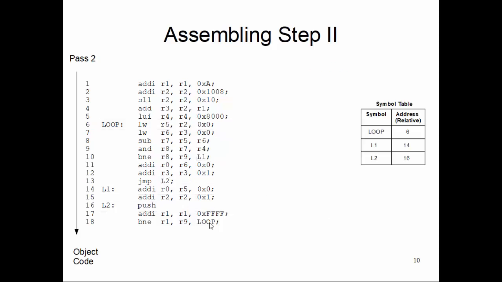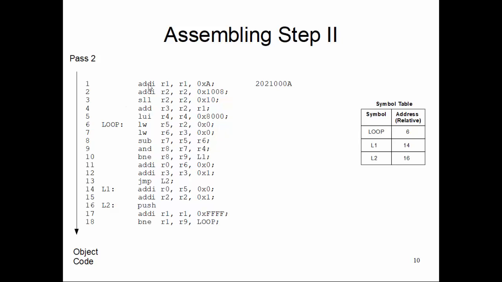Now let's talk about the next step, object code generation. At this point, we have constructed this symbol table, which is a lookup table. Now the assembler starts parsing each of these lines and combines them into the corresponding machine code that we already know how to do.